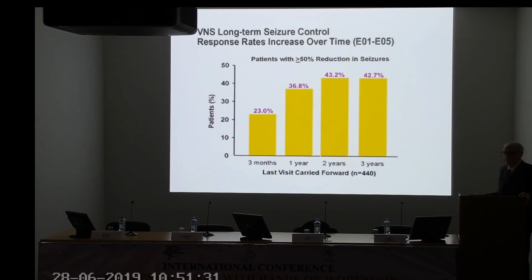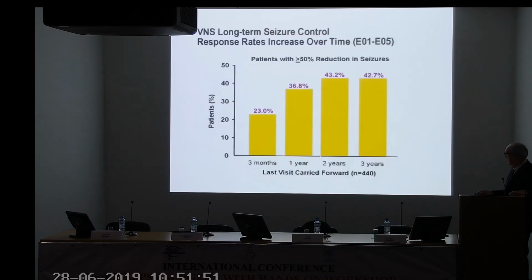What you see, a difference with the drugs, in which you have generally a very good effect immediately, and then after a few months you have a reduction of the efficacy. VNS is exactly the opposite, because it is a neuromodulation. It is not an on-off effect.